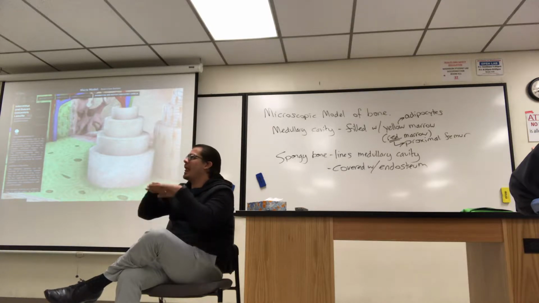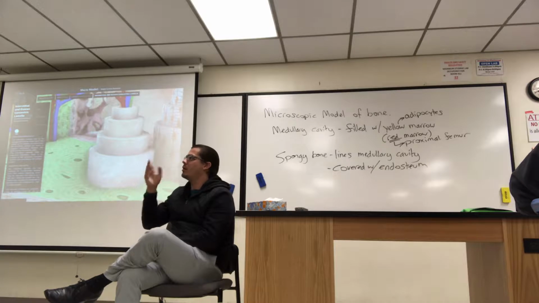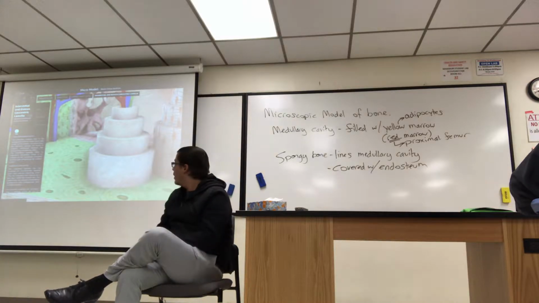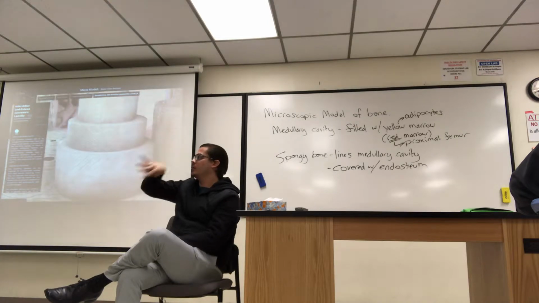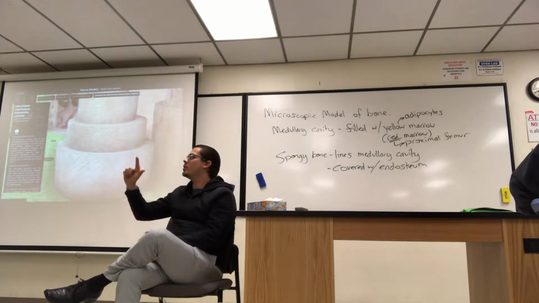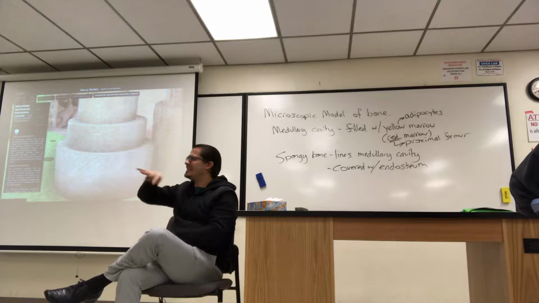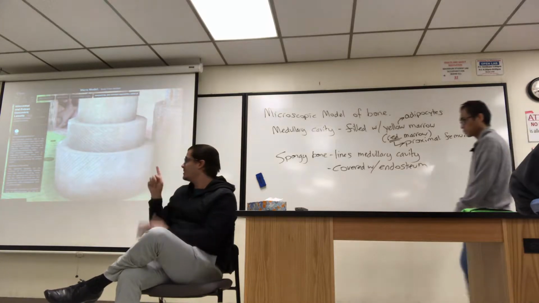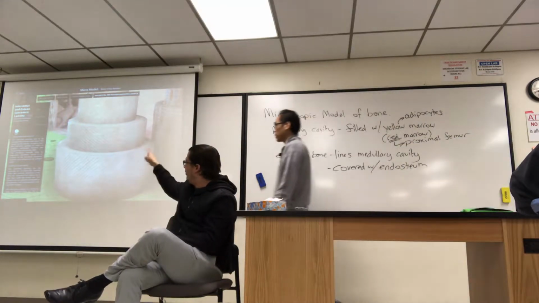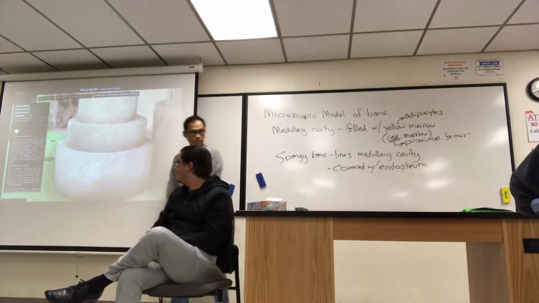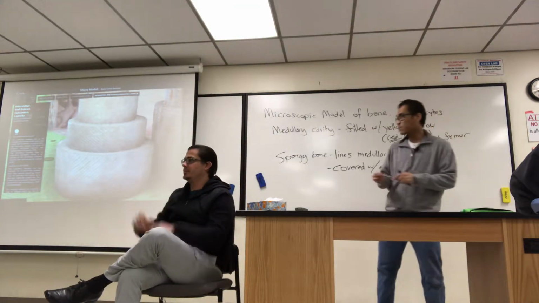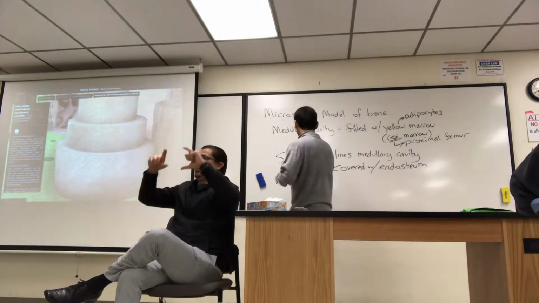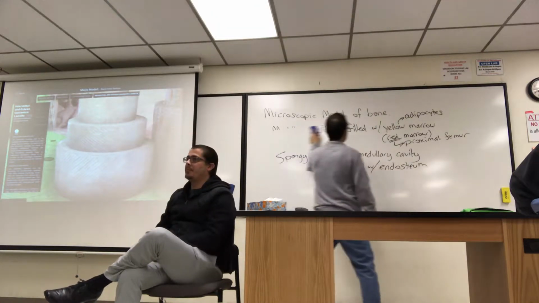What they want you to see, I'll really zoom in, is this alternating arrangement of collagen and crystals. Do you see how each layer kind of zigzags? So this layer here, they oriented. Let me describe it here.